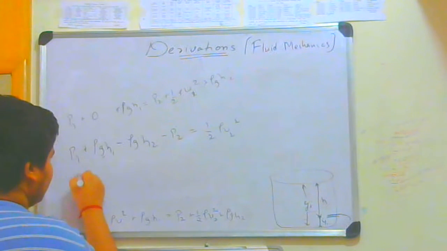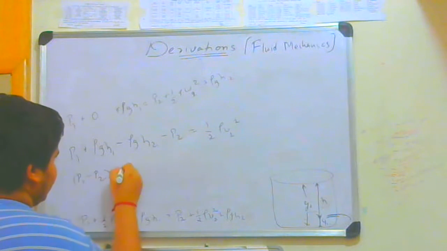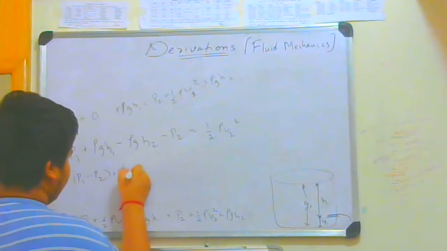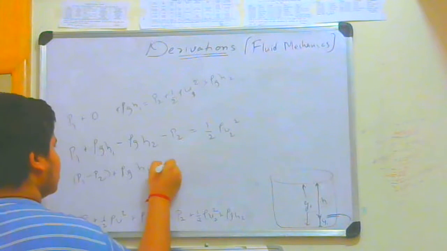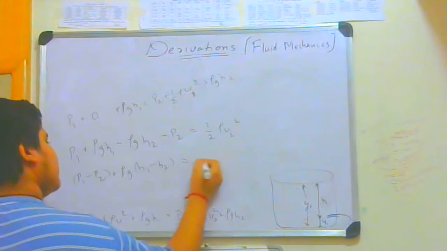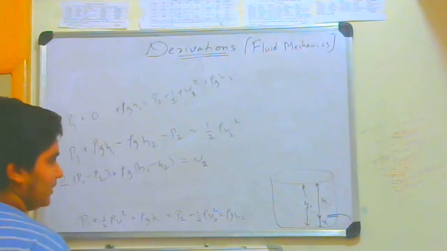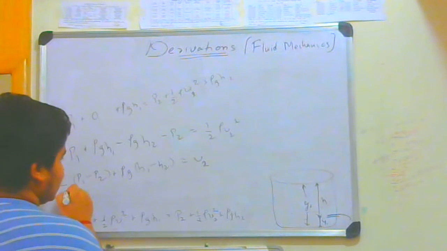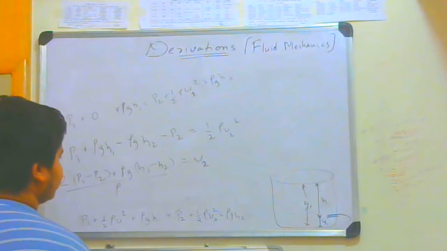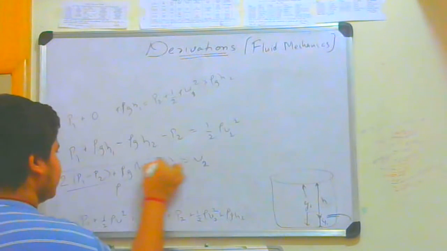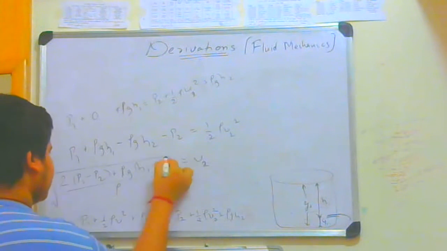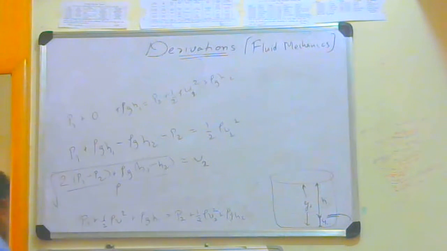So from here, P1 minus P2 plus rho G H1 minus H2 is equal to... if I put V2 directly, the whole thing will be multiplied by 2, and in the denominator comes rho, okay, and under the root this is my velocity of flow. So that is the formula for the velocity of efflux.